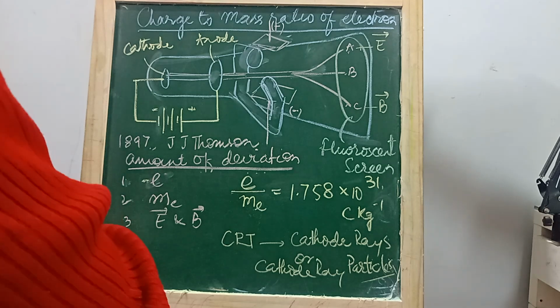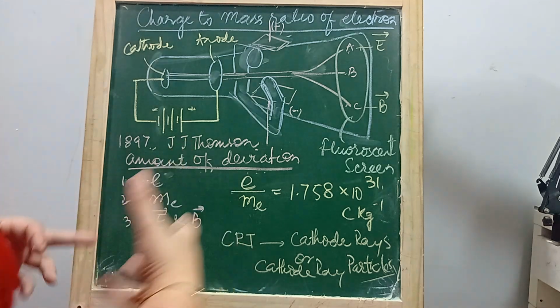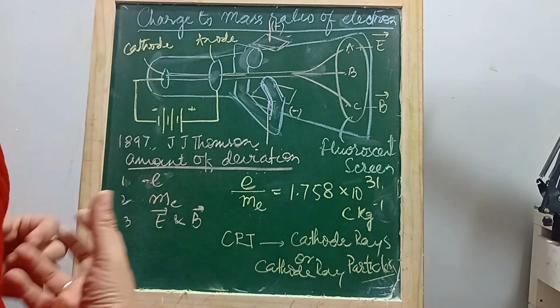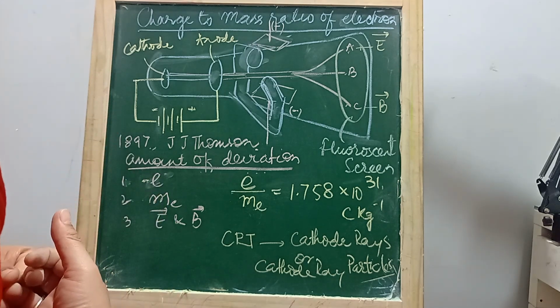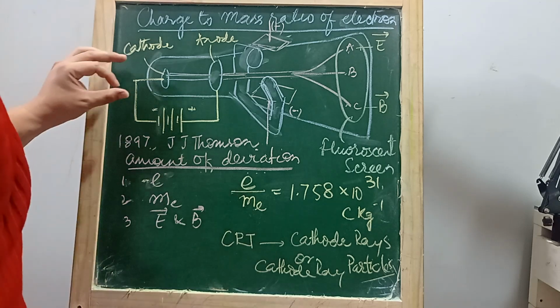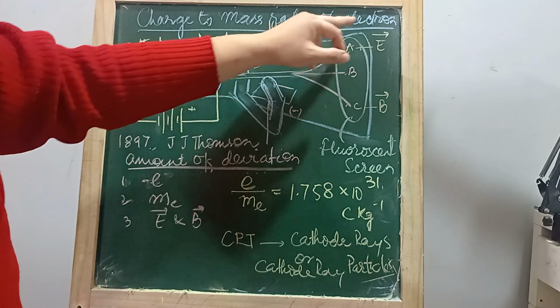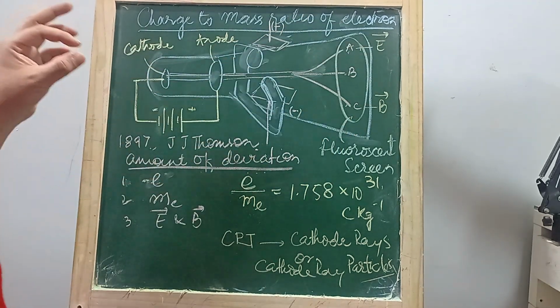He modified the cathode ray tube that was earlier used to detect the negatively charged particles called electrons, right? This is the shape of the cathode ray tube.